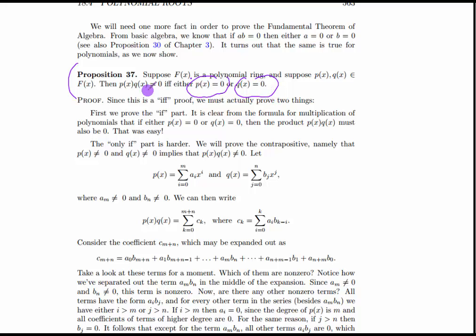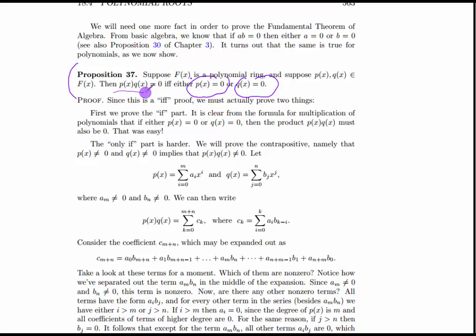First, we have to show that p of x times q of x equals 0 if p of x equals 0, if one of the two is 0. Okay. Now, by the formula for multiplication, if p of x or q of x is 0, then the product is 0. So that's the easy part. Now we have to prove the other way.